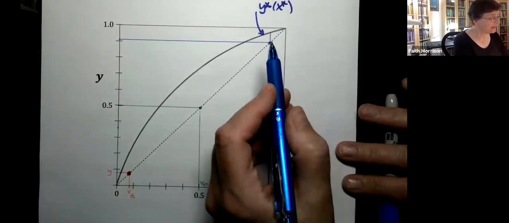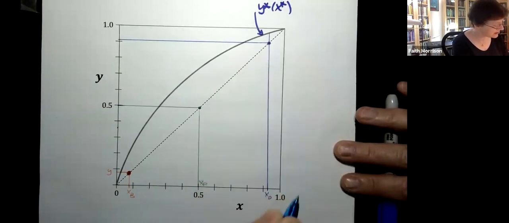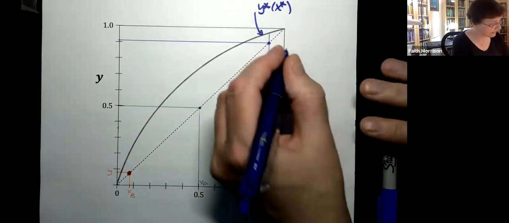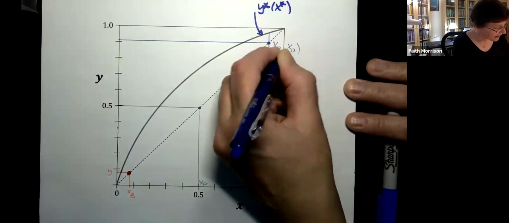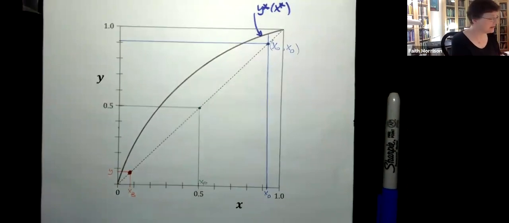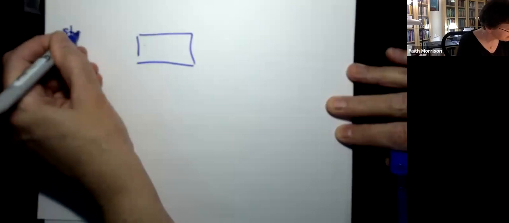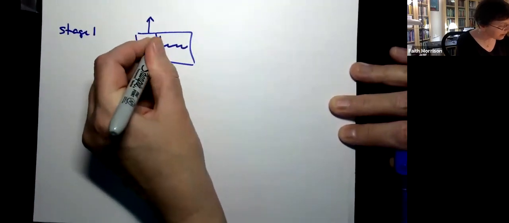So at the top of the column, we have a point here, which is xd comma xd. And that top of the column is put into a total condenser. So in a total condenser, so this is stage 1. And stage 1 has x1, y1.